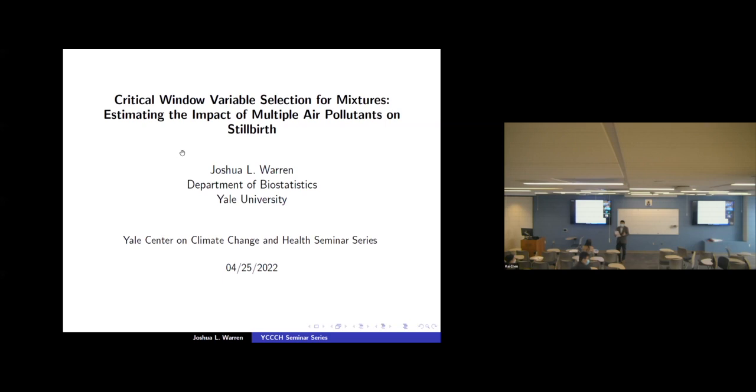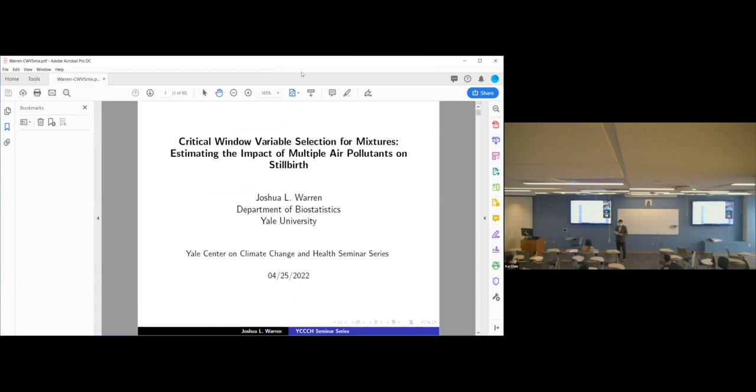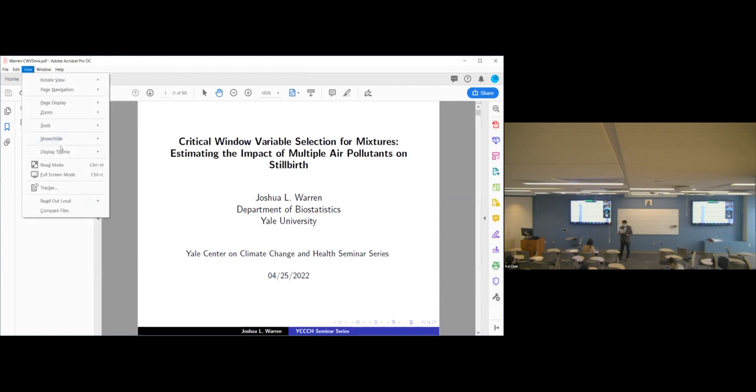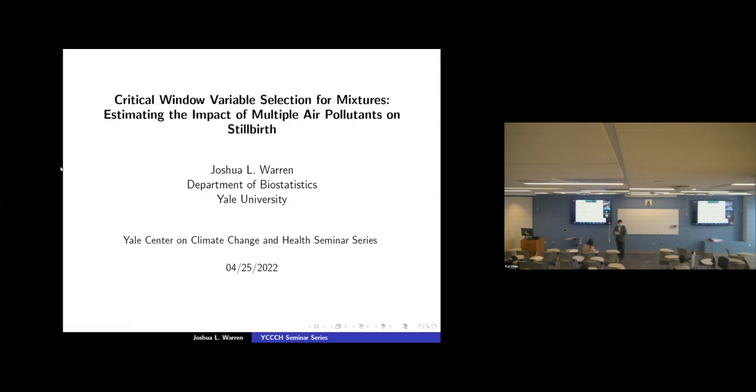We are very pleased to have our very own affiliate faculty, Dr. Josh Warren, joining us. Dr. Warren is an associate professor in the Biostatistics department here, and his research focuses on statistical methods in public health with an emphasis on environmental health problems.